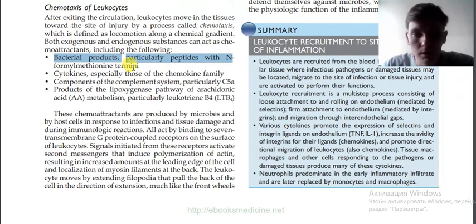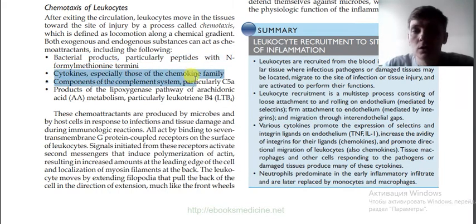Most bacteria possess these N-formylmethionine termini, a specific pattern of bacterial infection, and that's why neutrophils follow these products. Then cytokines, especially those of the chemokine family. Macrophages, dendritic cells and other inflammatory cells at the site of reaction produce different cytokines, and neutrophils follow these chemicals to facilitate their function.